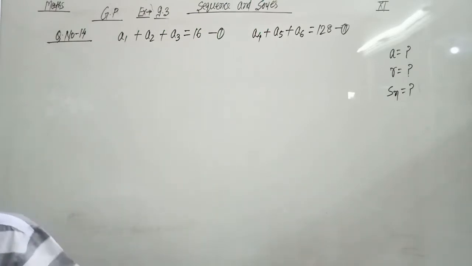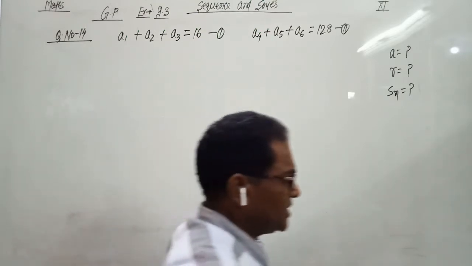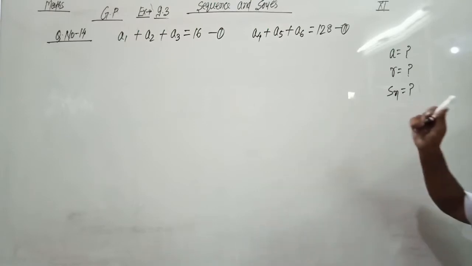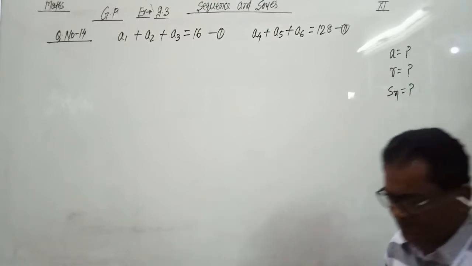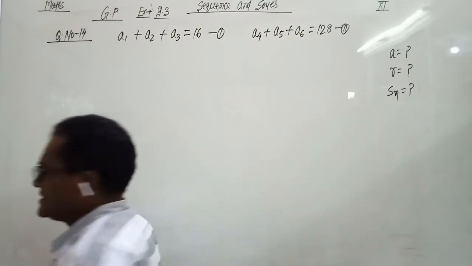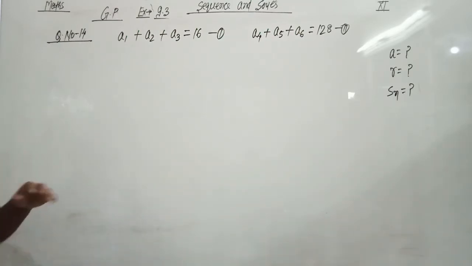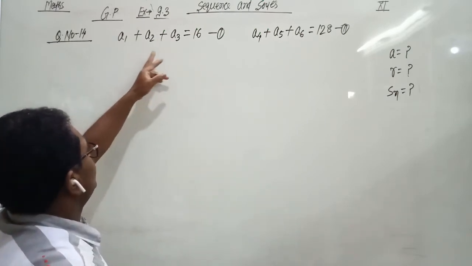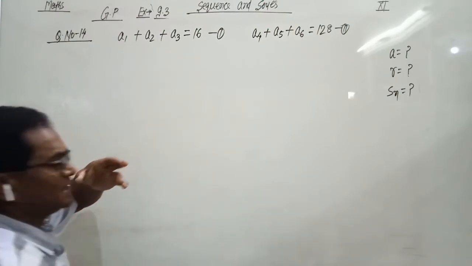And we are given the sum of first 3 terms of a GP, meaning A1 plus A2 plus A3 equals 16, and also the sum of next 3 terms, A4 plus A5 plus A6.